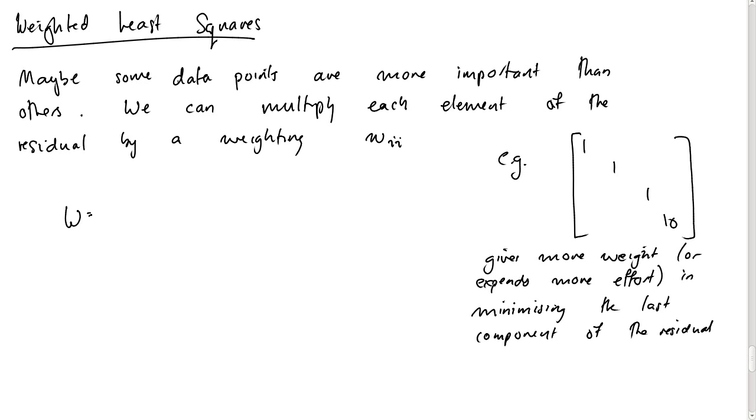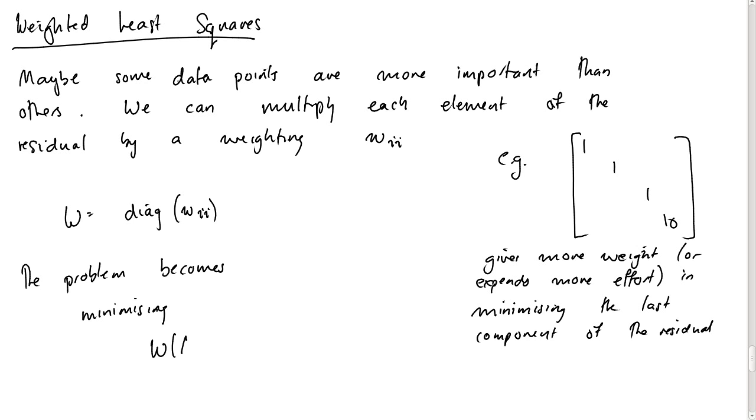Okay, so how do we do this? Well, we set it up in a matrix, so W is equal to a diagonal matrix of the WII's. That's how I write a diagonal matrix in compact notation. Okay, and then the problem just becomes minimizing the norm of W times (AX minus B), squared.